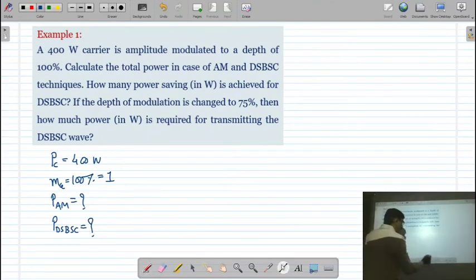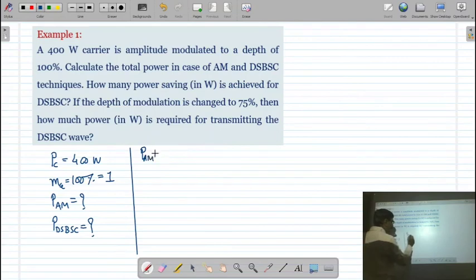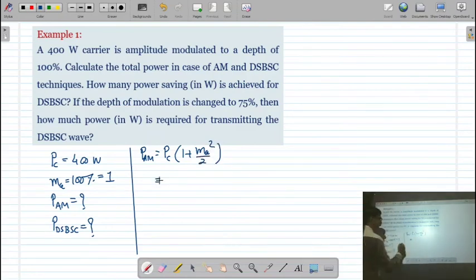So here, what is the expression for an amplitude modulated wave? Power of the amplitude modulated wave, PAM, is given as Pc into 1 plus Ma squared by 2. Here the Pc is 400 watt into 1 plus 1 by 2.